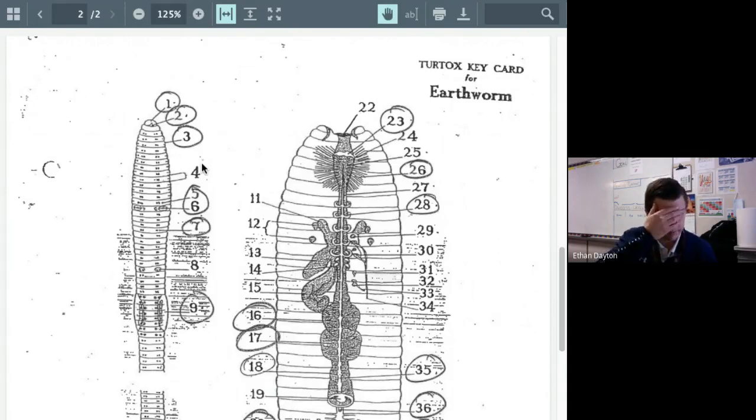Okay, number 7, we're pointing at the bristle-like structure on the segment. It's used to move and sometimes anchor itself in the soil. Aiden, what do you got? What are the names of those bristle-like structures?